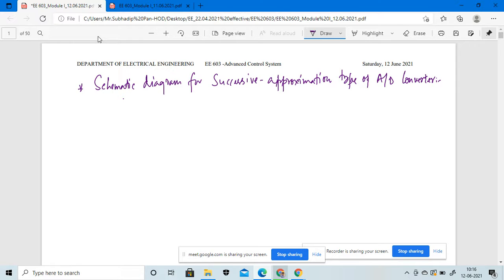So here we have a D2A converter supposed to be. Here we have a D2D converter block, right? So this will be my input, which will be the analog reference input.